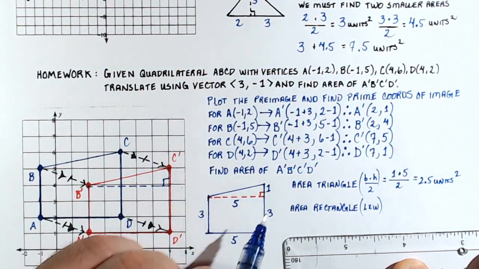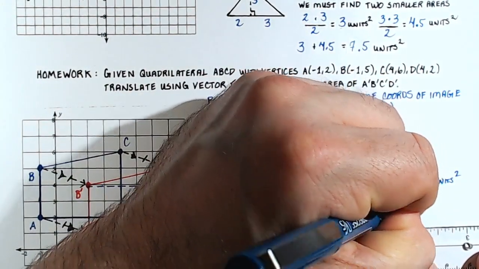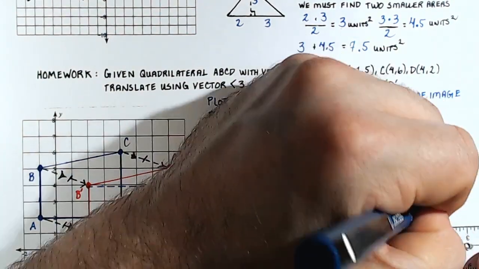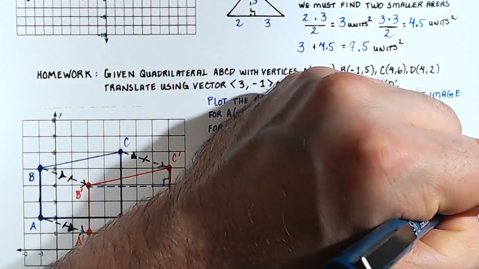The area of the rectangle, length times width, is 3 times 5, which is 15 units squared.